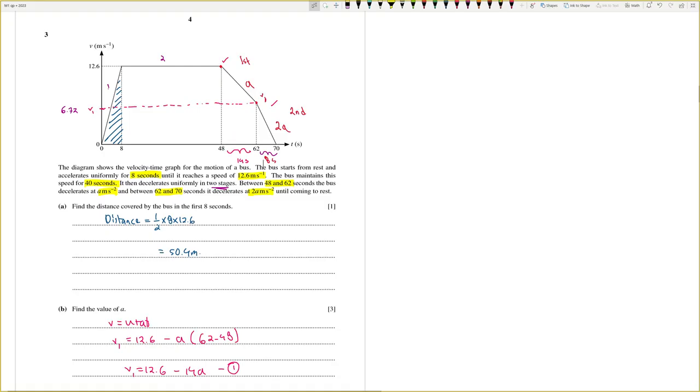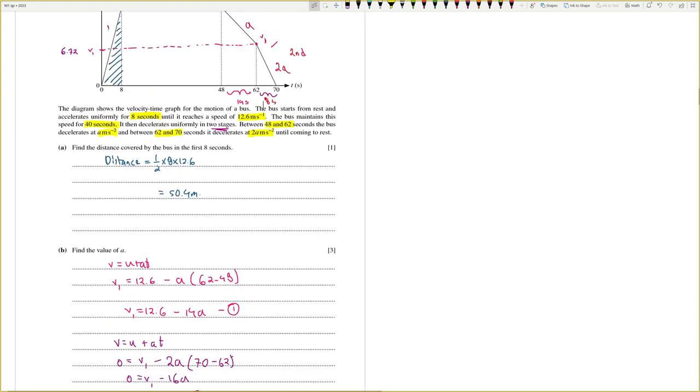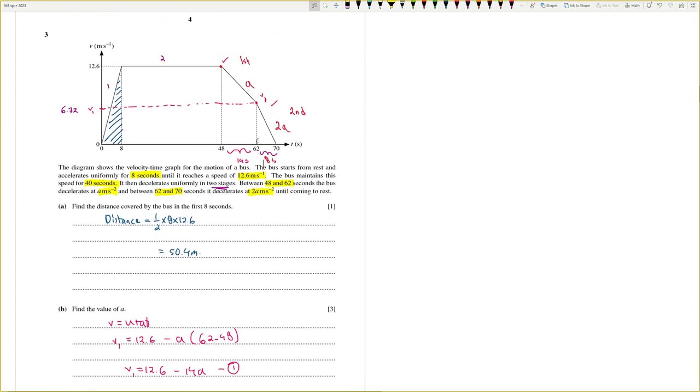And then you have to remember this always. Remember this teaching, okay? The final velocity of the first phase is the initial velocity of the second phase. Now we can go for v equals u plus at again, for the second phase. But the acceleration this time is minus 2a, or the deceleration is 2a, and the final velocity is 0.